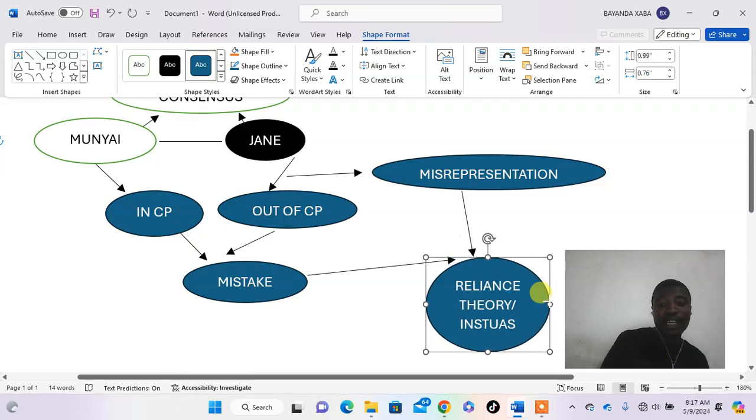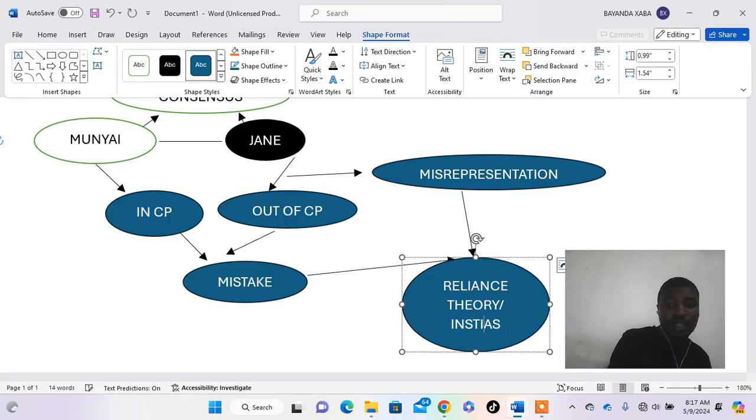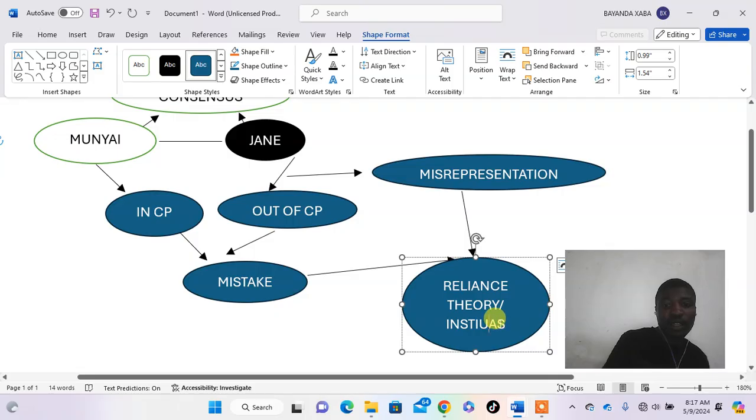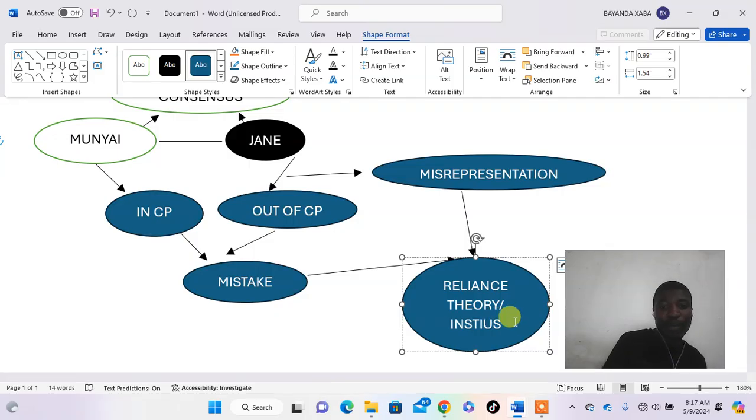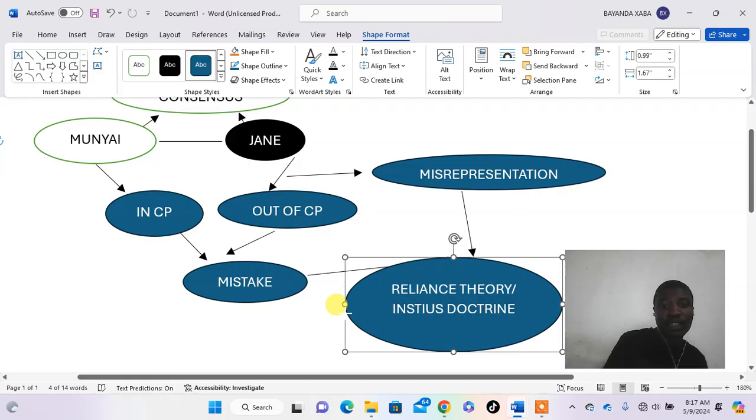I don't think that this one is correct. Let me just write it like this. Maybe this is correct. I don't know. But this has nothing to do with it. It's correct.